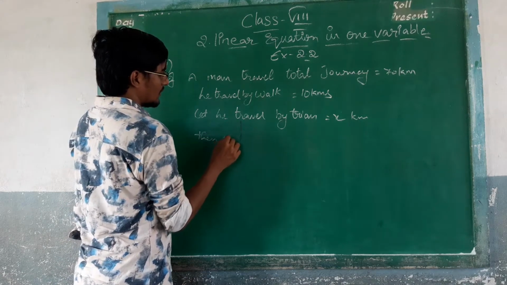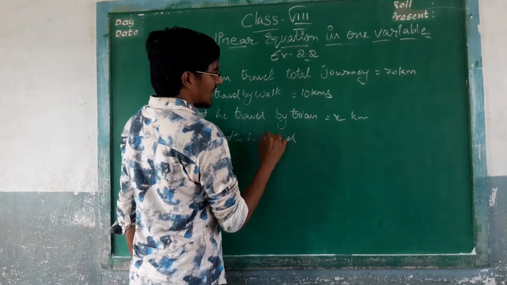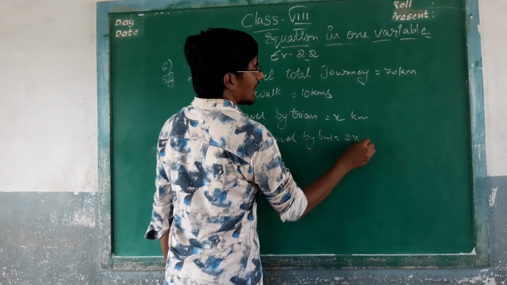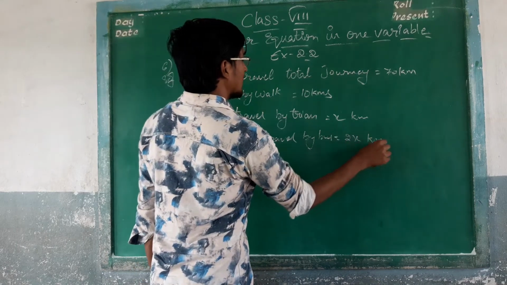Then after that, he traveled by bus equal to twice the train. Twice the train is 2 into x, 2x kilometers.